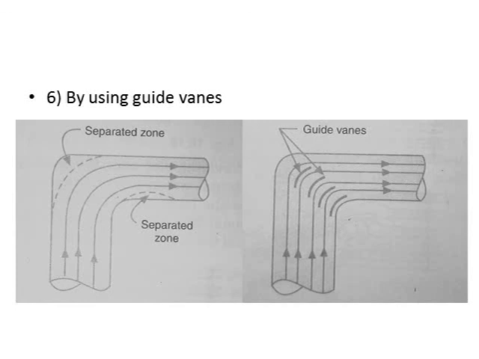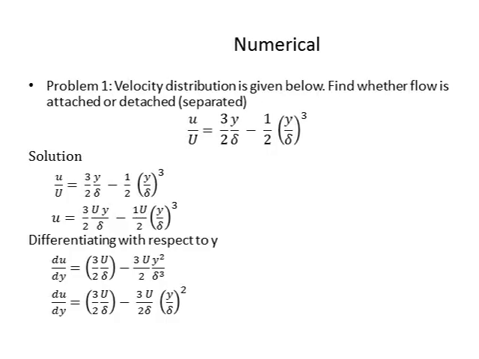Numerical on the basis of this. Problem. Velocity distribution is given below. Find whether flow is attached or detached, separated. u/U = 3/2 (y/δ) − 1/2 (y/δ)³. Solution. u/U = 3/2 (y/δ) − 1/2 (y/δ)³ is given.